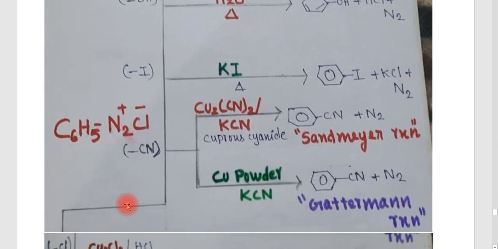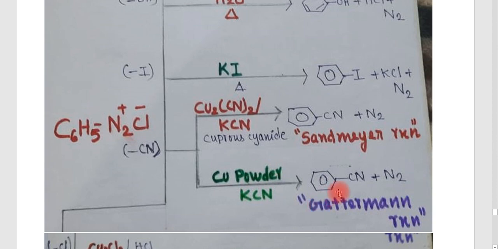And the next reaction is the replacement by CN. Here you can see two named reactions. That is, the benzene diazonium chloride solution is converting into cyanobenzene. This is a cyanobenzene, or otherwise called a phenyl cyanide.